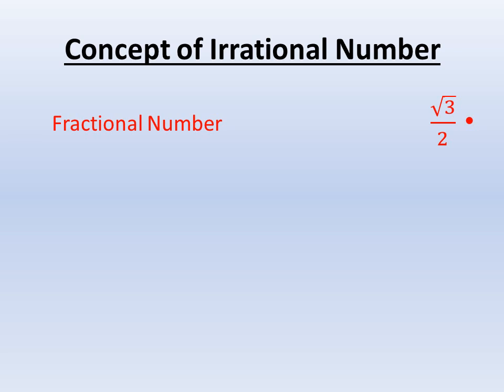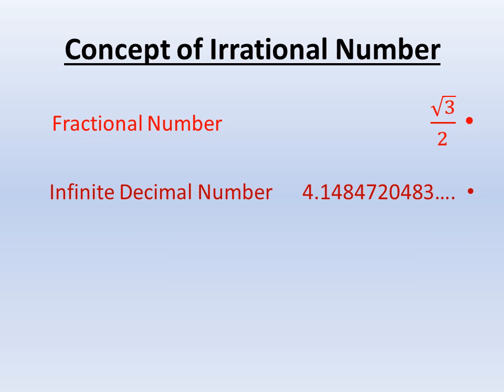The root of 3 here is not an integer, so this means this ratio or this fractional number is not a rational number, which means it is an irrational number because one of them is not an integer. The root of 3 is not an integer.